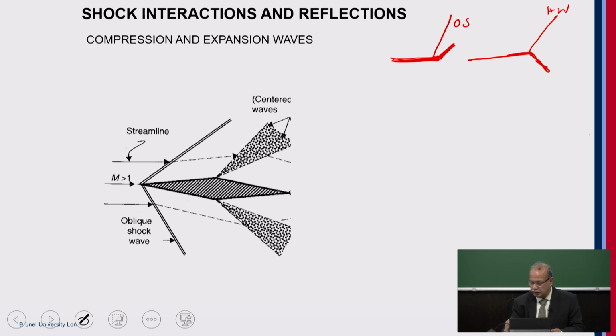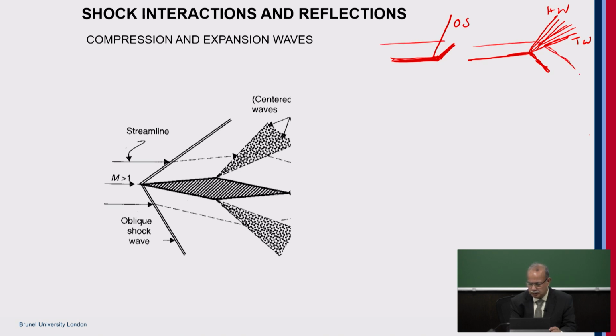And then depending on how the flow has turned, you have the tail wave. In between, there will be a series of fan of expansion waves. We will come back to that later on. So now you can see from the convex surface, the flow just turns. If it's a concave surface, then the flow turns.